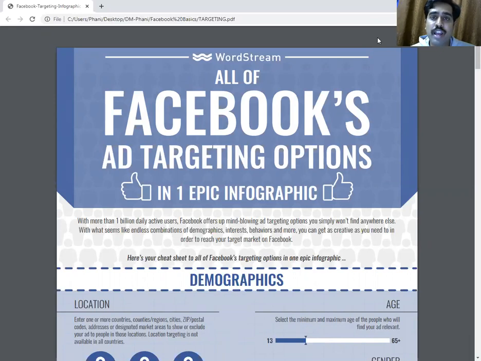So ideally, what is happening here? Facebook is trying to collect every single minute piece of data of its customers. If you look at it, we have more than 1 billion daily active users on Facebook, and since it is getting so many customers, it has given so much flexibility to the marketers so that their money doesn't go to waste.